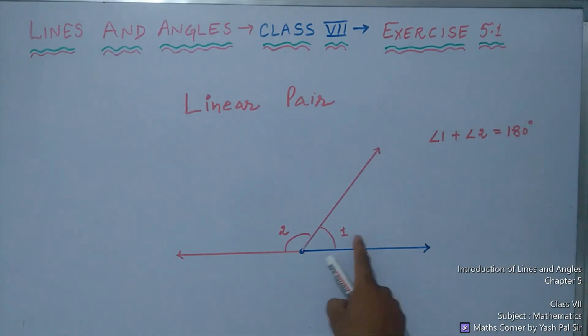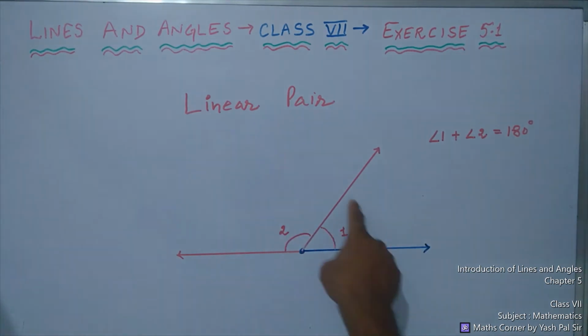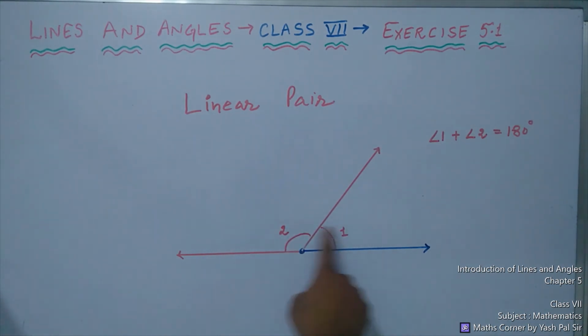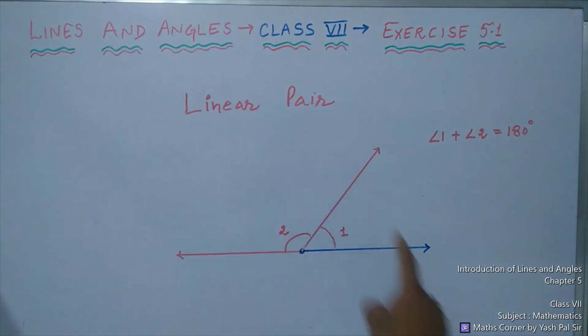If the sum of two angles is equal to 180 degrees and the vertex, the initial point of the angles, is the same, then these two angles are called a linear pair. In case of a linear pair, the sum is equal to 180 degrees.